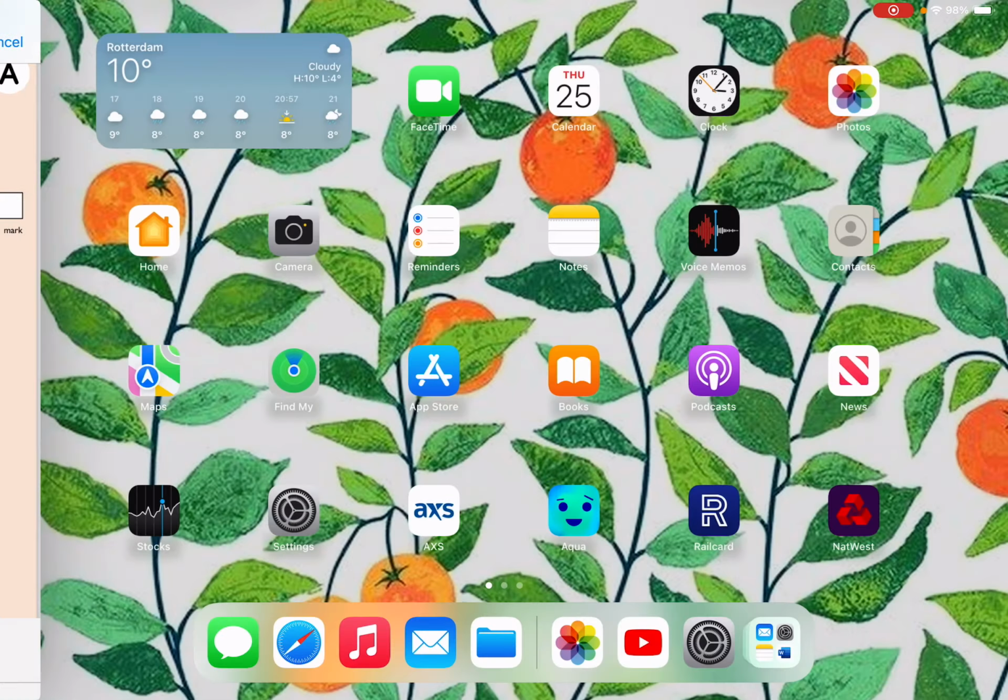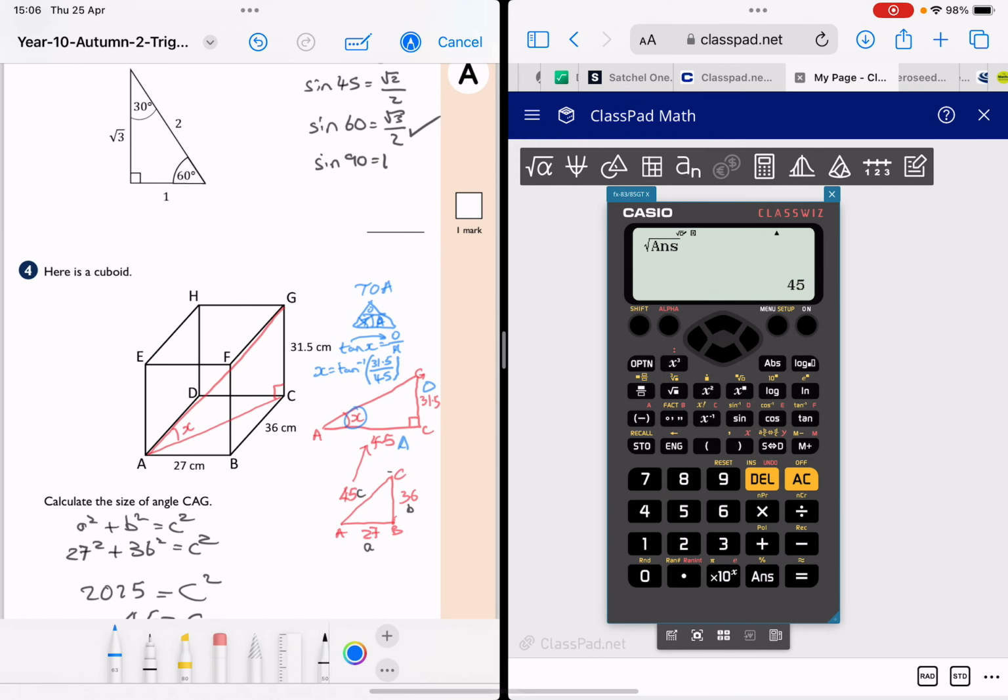Let's go back to my calculator. So what I've got is shift, tan. There's my inverse tan. Get my fraction in there. I've got 31.5, use my down arrow, 45.